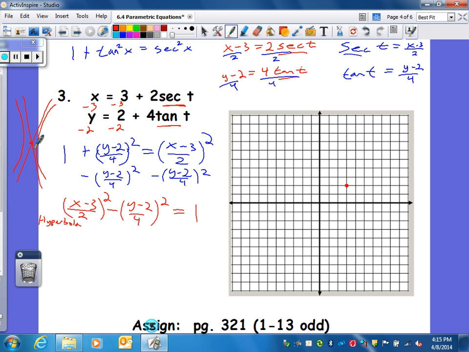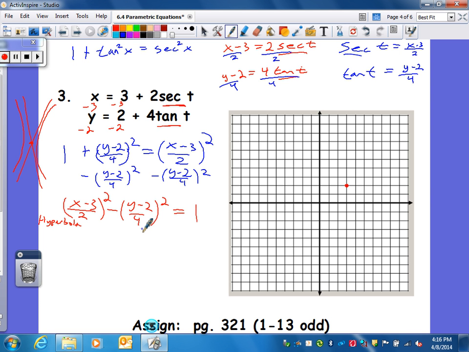Okay, so now how do I make the asymptotes? All that is taking the quantities from your original equation.